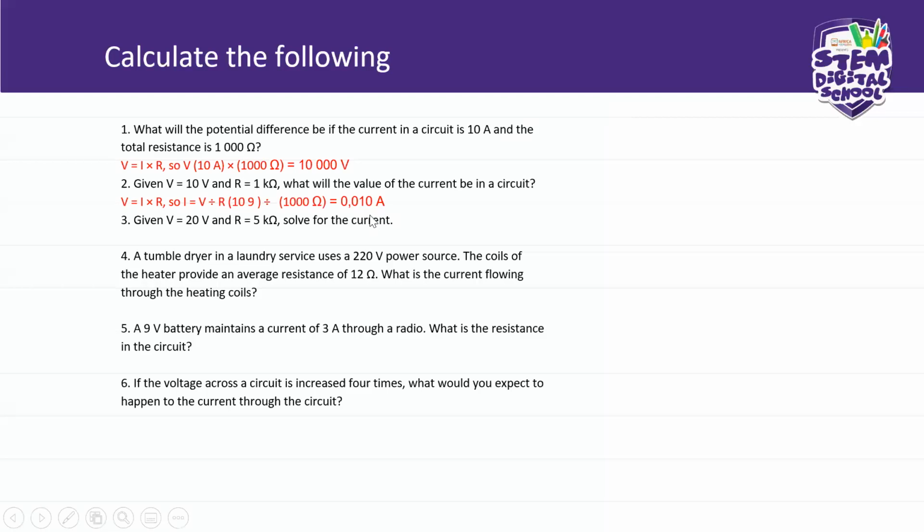Because 1 kilo ohm is actually 1000 ohms. Remember when we did the kilos and the megas? We said a kilo means times 1000 and mega means times 1 million. So this is the answer.